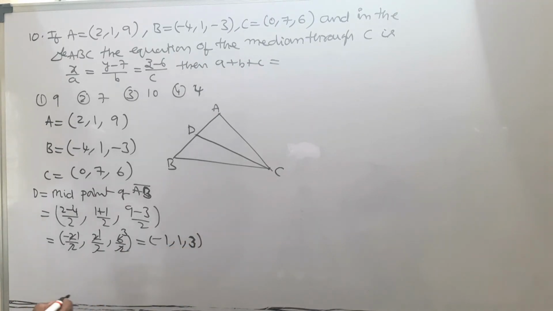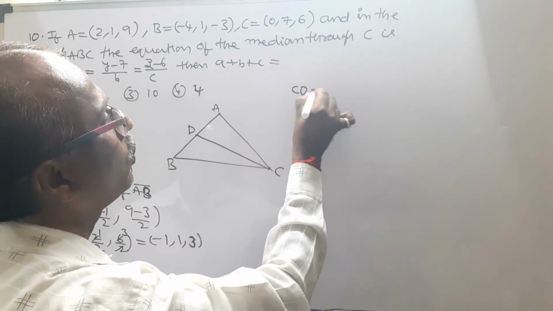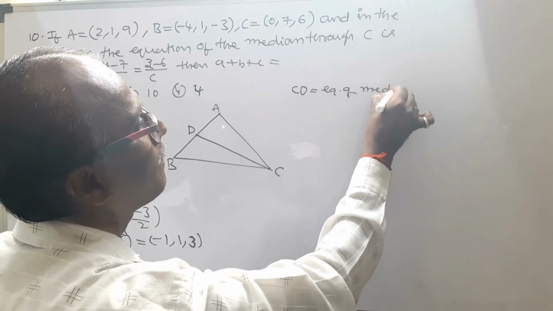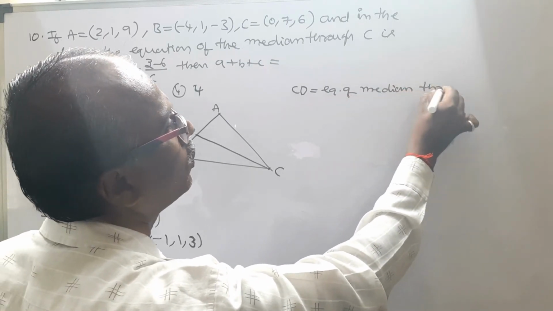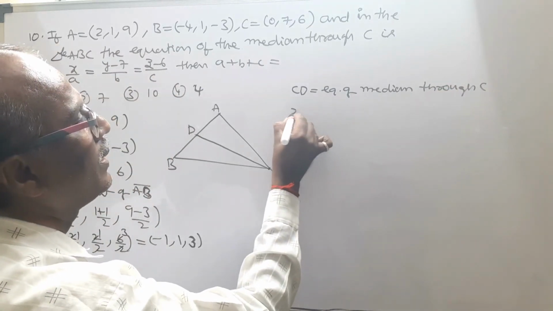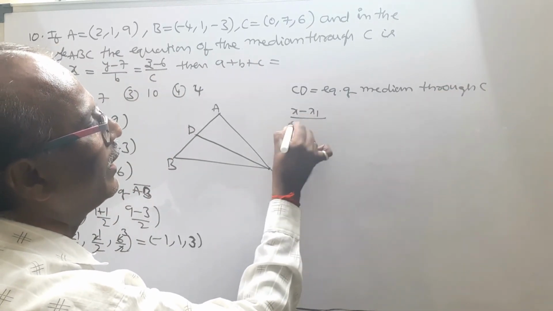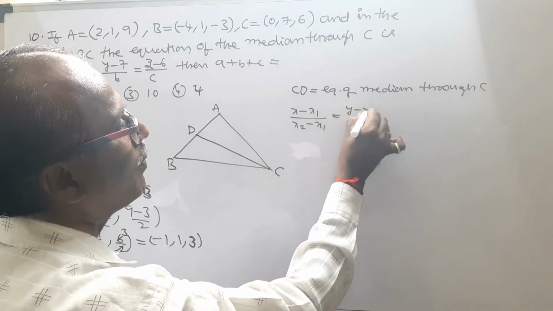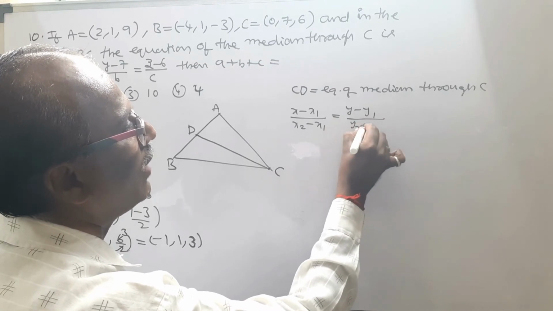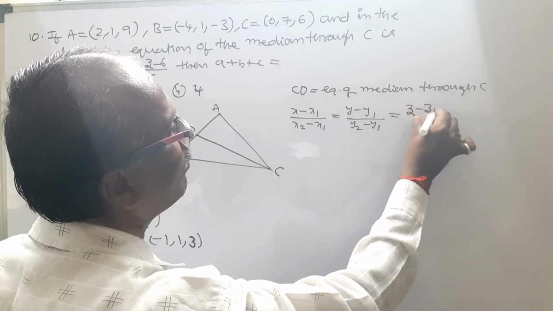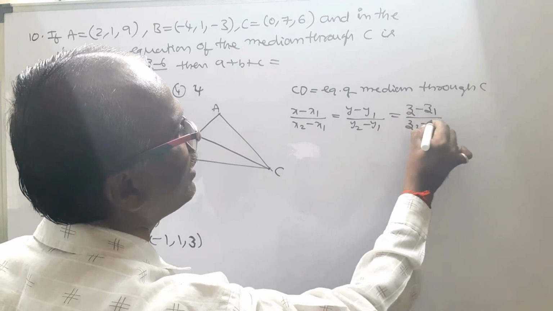Here to find the equation of the median through C, CD. This is one formula: x minus x1 by x2 minus x1 is equal to y minus y1 by y2 minus y1 is equal to z minus z1 by z2 minus z1.